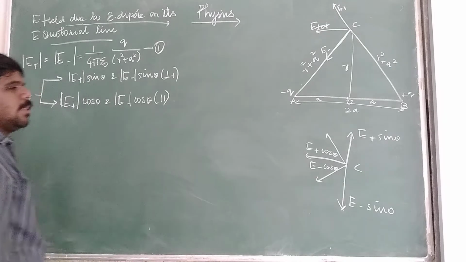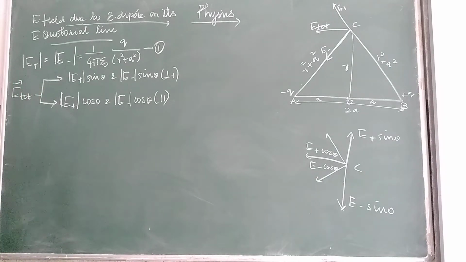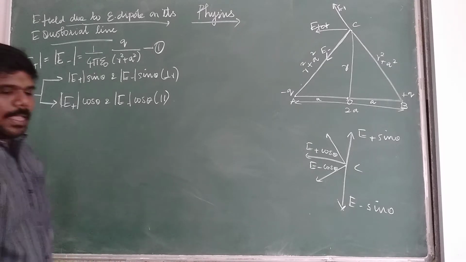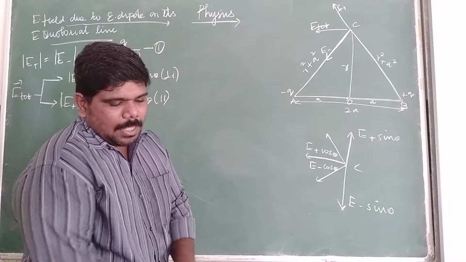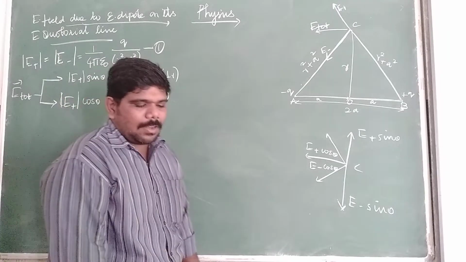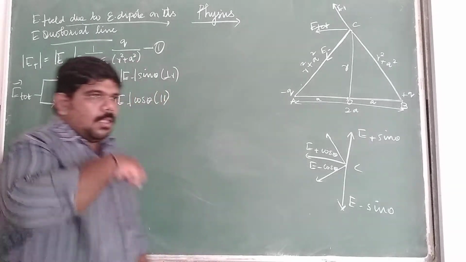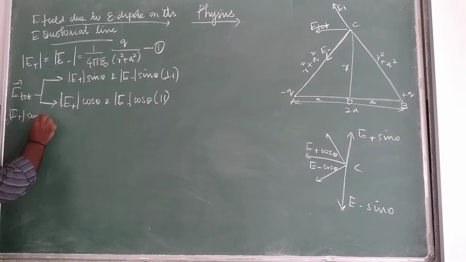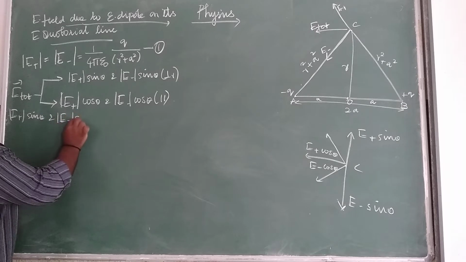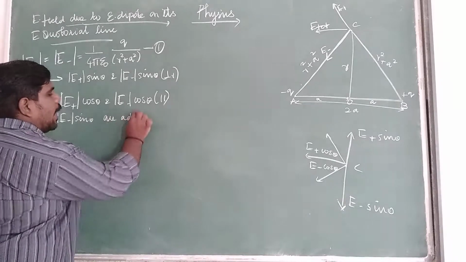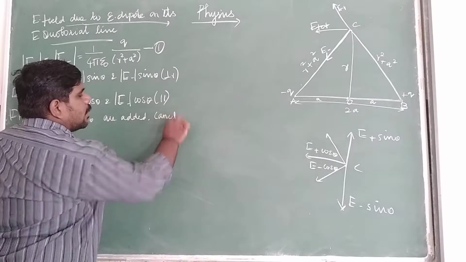Here the perpendicular components E plus sin theta and E minus sin theta, when added, will cancel each other. The perpendicular components are equal in magnitude but act in opposite directions, so when they are added, they cancel each other.